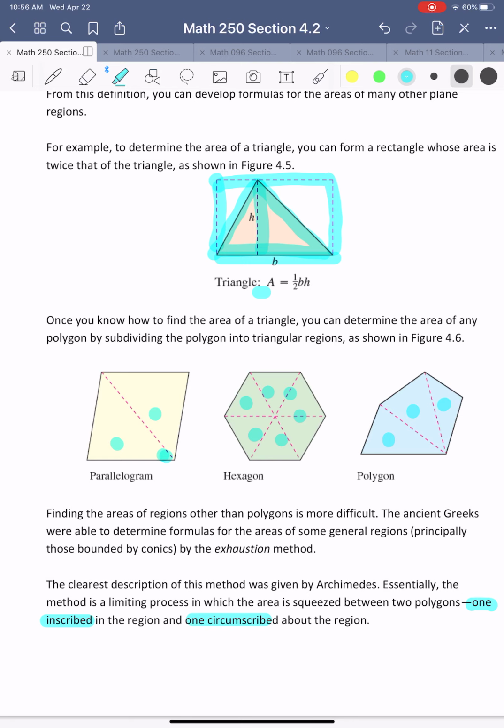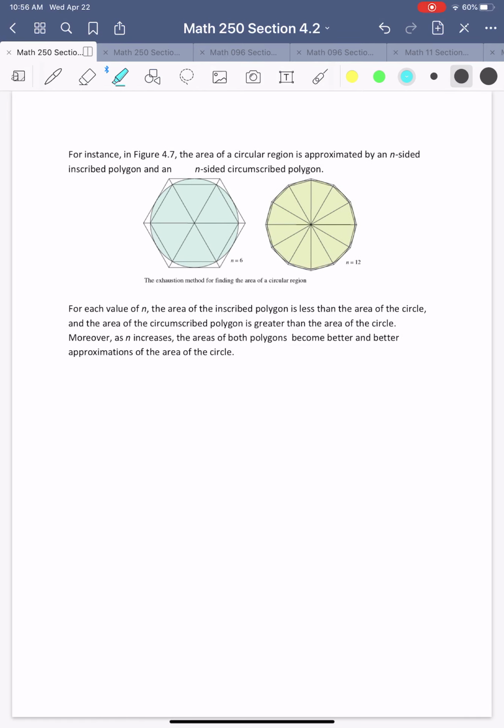Let's take a look at the next page. For instance, in figure 4.7, the picture below, the circular region is approximated by the n-sided inscribed polygon and the n-sided circumscribed polygon.